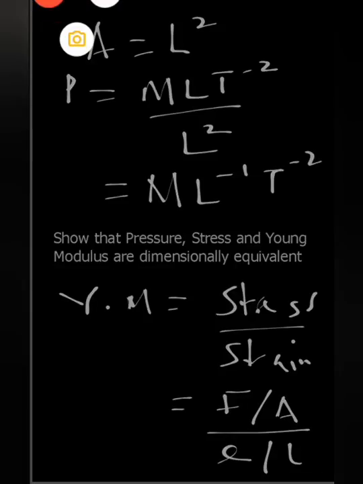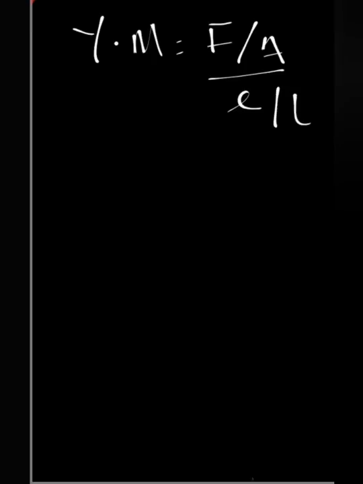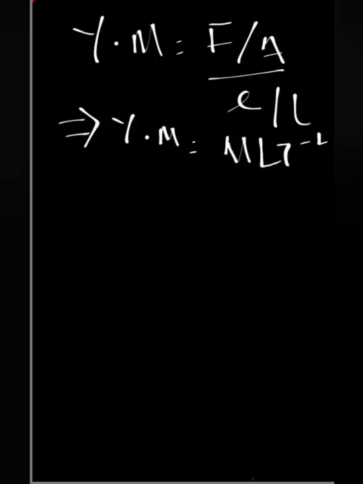Since we have our Young modulus given as F over A divided by E over L from the previous slide, this implies that our Young modulus in terms of dimension would have MLT raised to power minus 2 for force divided by L squared for area, then divided by extension, which is also length, divided by length.